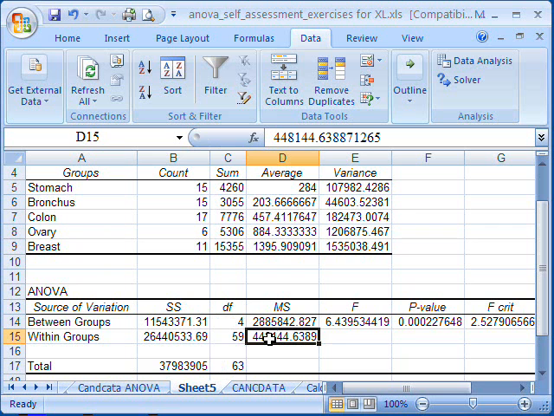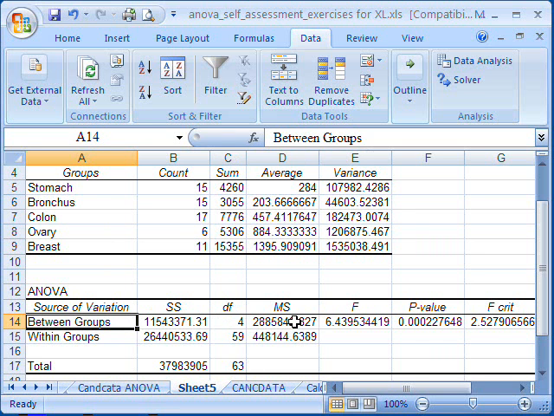This mean square here is the variance which is associated with your particular item. So how much of the variability in your data is due to this between groups, which is your treatments. The fact that different cancers tend to have different survival times.